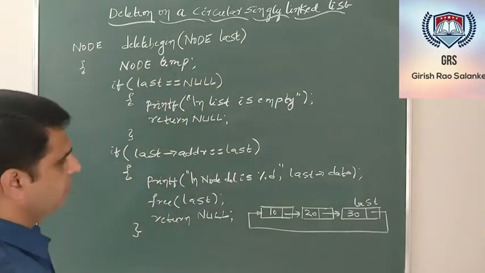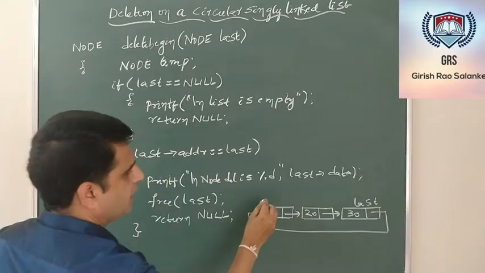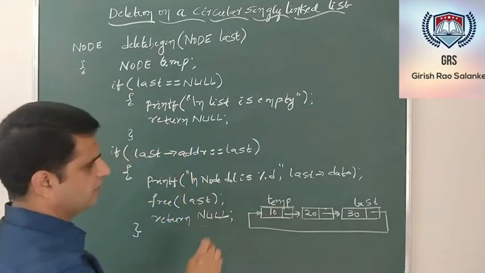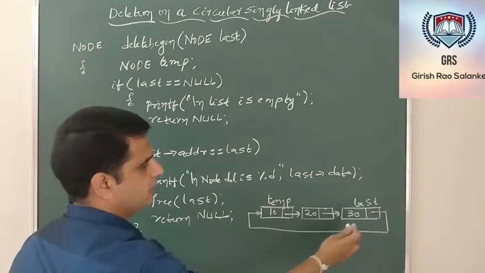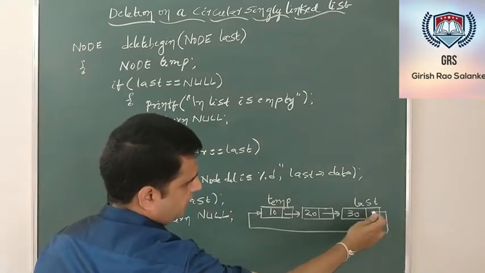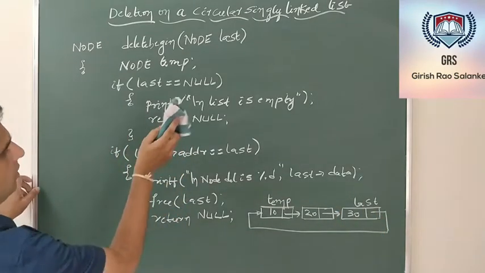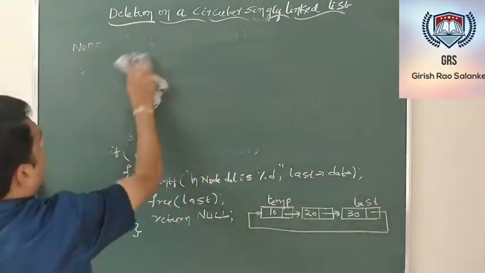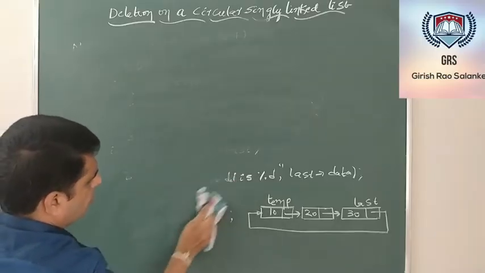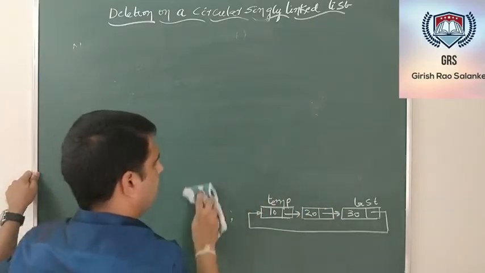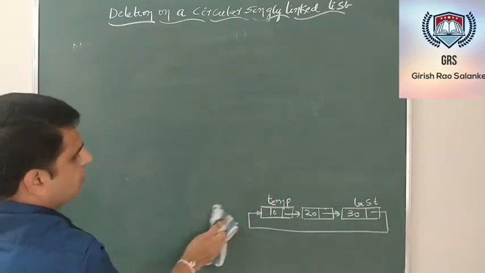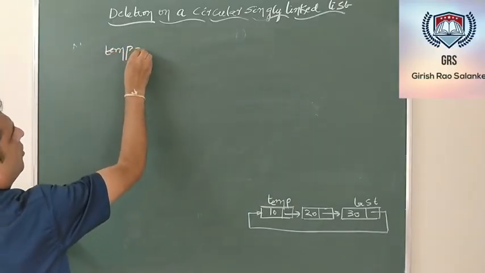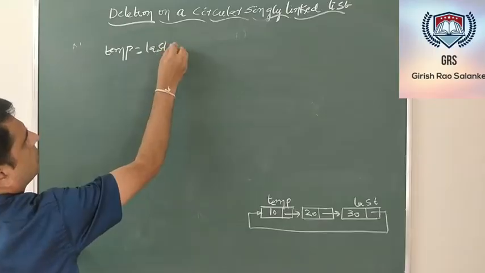Declare a variable temp. Let me make a temp to hold the address of the first node. Anyway, the address of the first node can be obtained with the address of the last node. So first step is temp is equal to last of address.